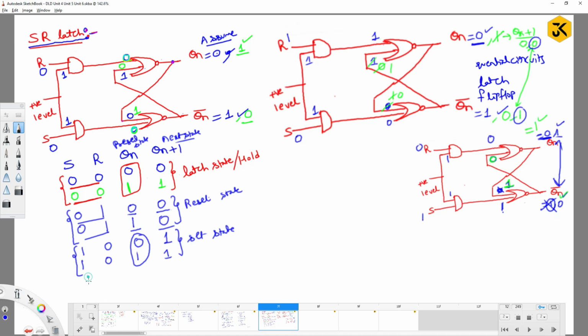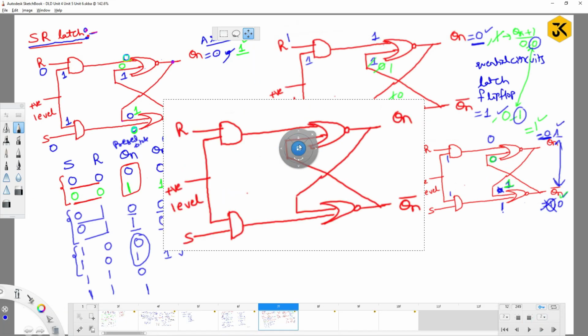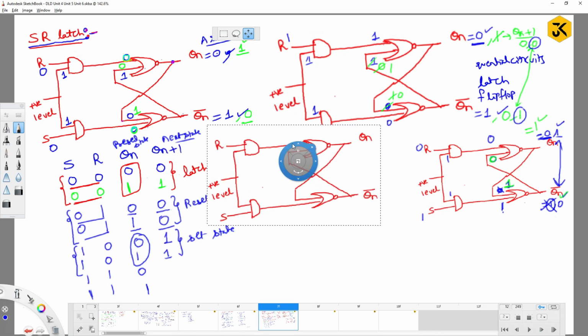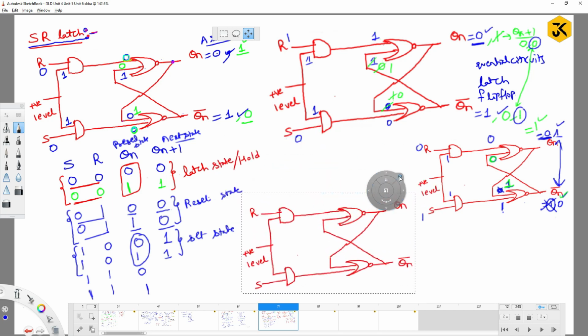Another possibility is 1 1, right? Here also we are going to have two possibilities, one is 0, another one is 1. Now check how it is behaving. Right? Now try to observe.